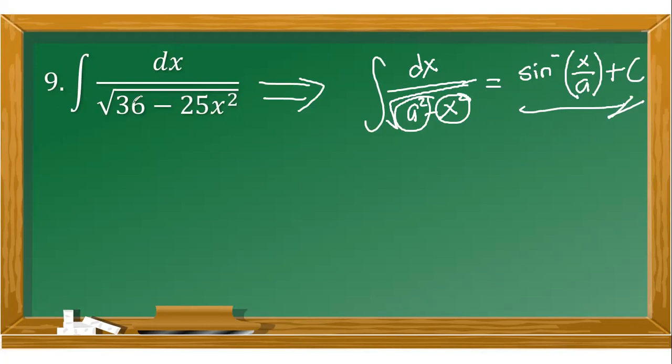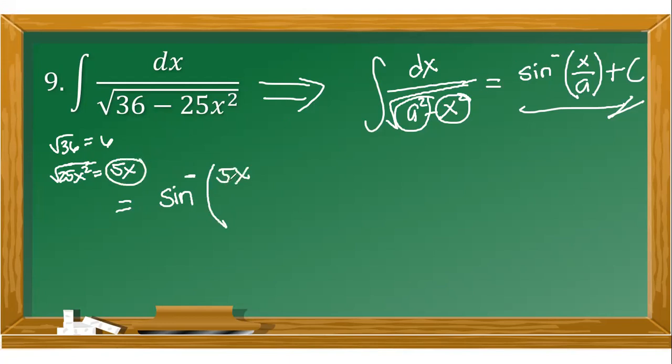Okay? So the square root of 36 is 6. The square root of 25x squared is 5x. Okay, so that is what we will substitute in the inverse sine. So our final answer will be inverse sine of 5x, the one with the variable, the second term, over the square root of the first term, so that is 6.